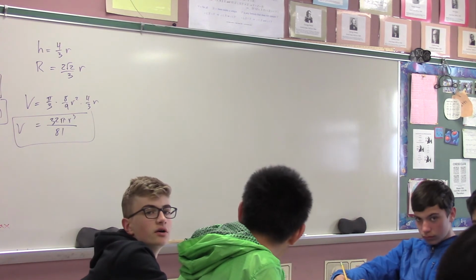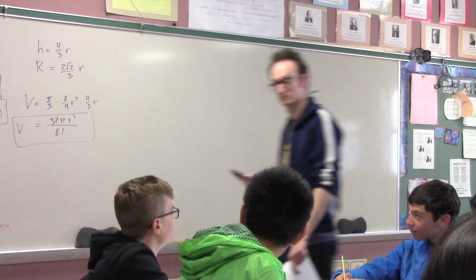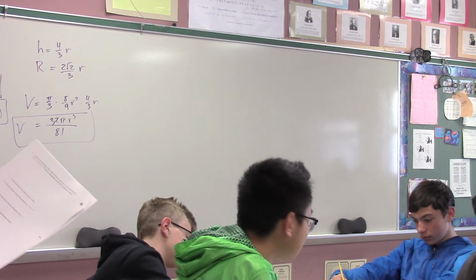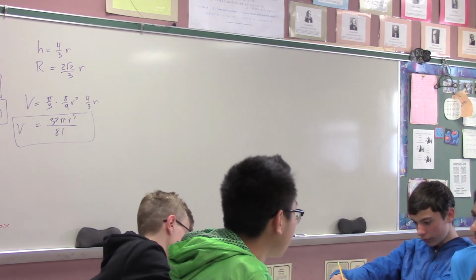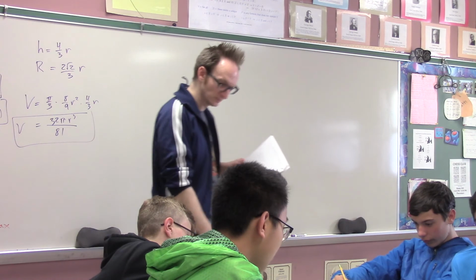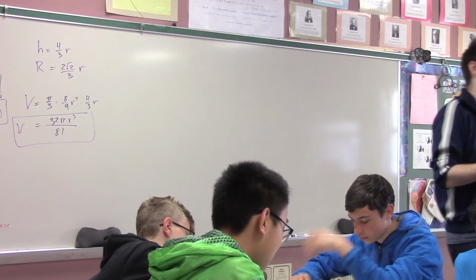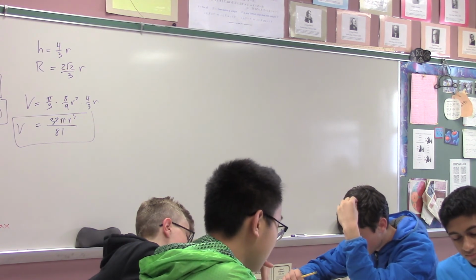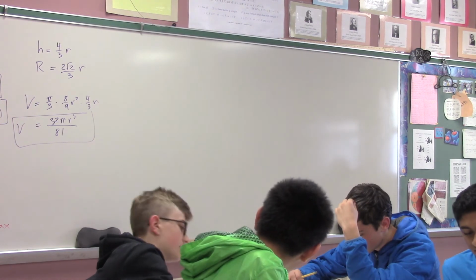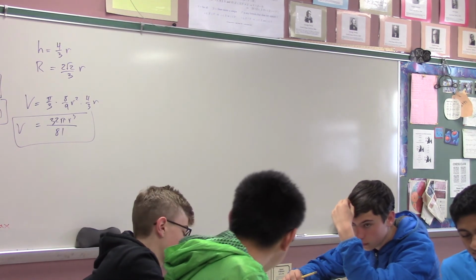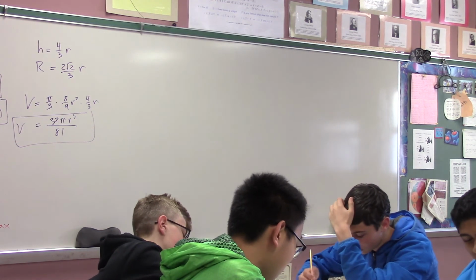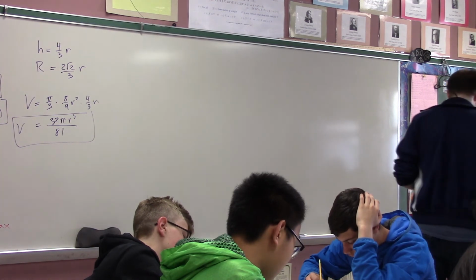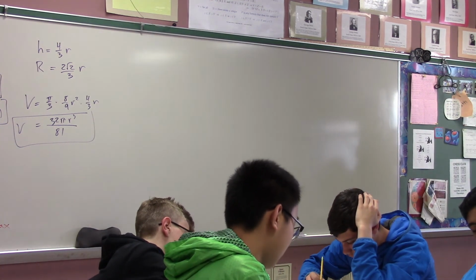But like variables get reduced. And what kind of information do we need to do this problem, just in general?